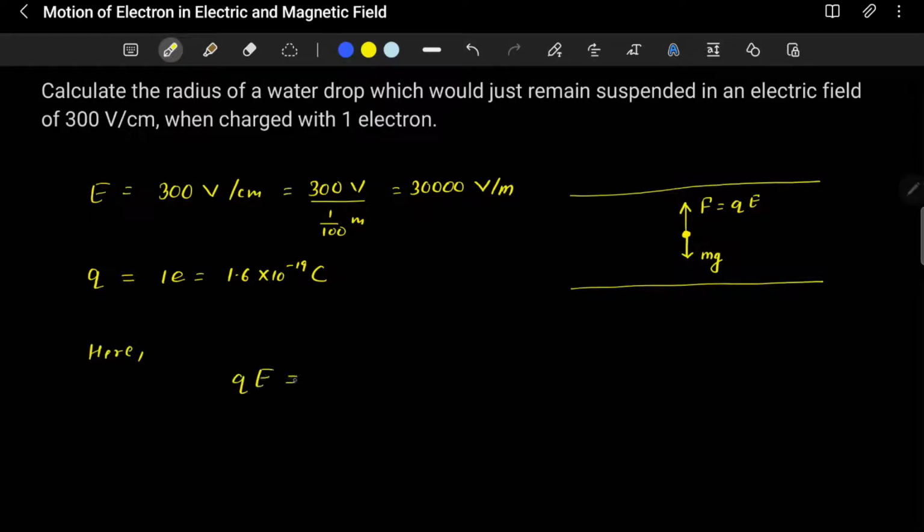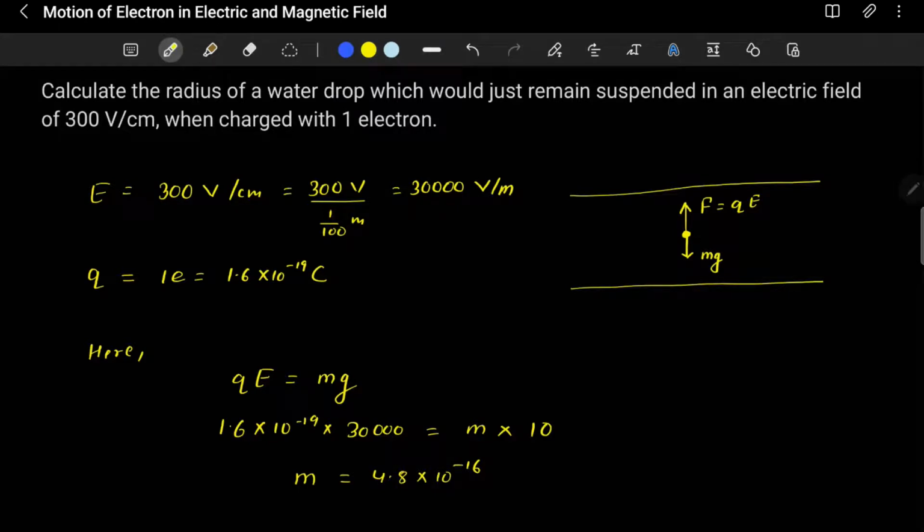So qE is equal to mg. Now putting these values, we get 1.6 into 10 power minus 19 into 30,000 is equal to m into g, where we take the value of g as 10. So the mass of the water drop comes to be 4.8 into 10 power minus 16.